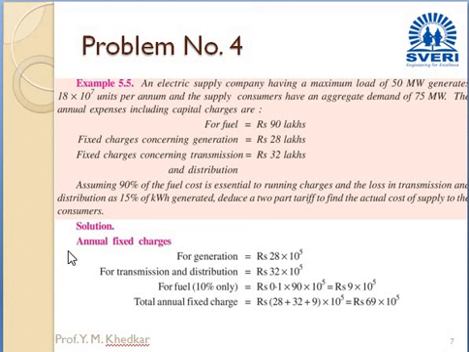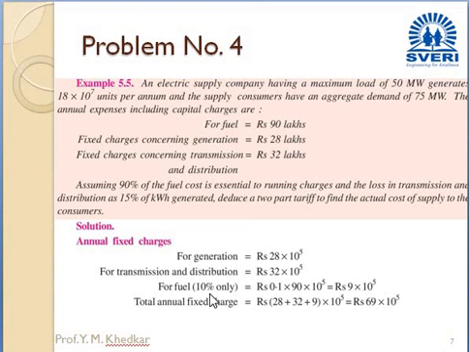First of all, we will concentrate on measuring the annual fixed charges. For generation, it has been mentioned 28 lakh rupees, means 28 into 10 raised to 5 rupees, or directly you can write 28 lakh. For transmission and distribution 32 lakh rupees. For fuel, in the fixed charges we will have to consider 10% fuel only.